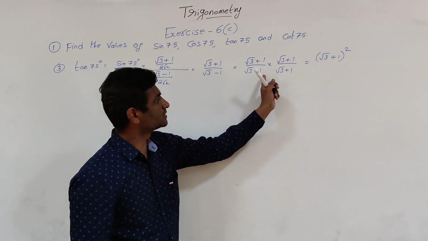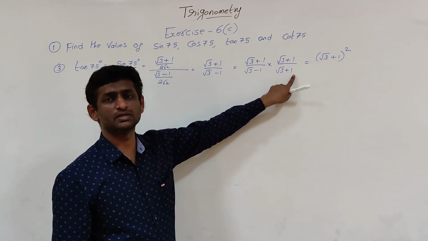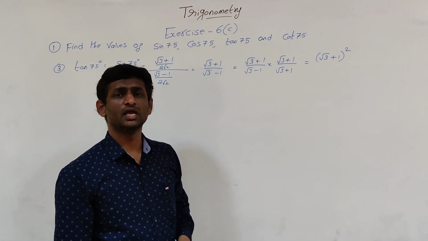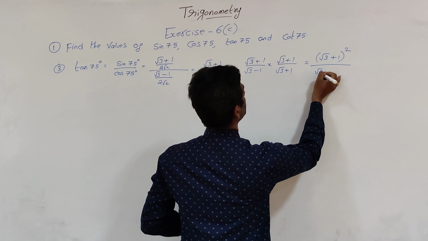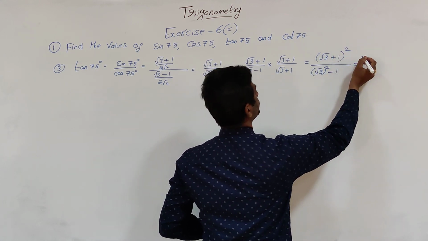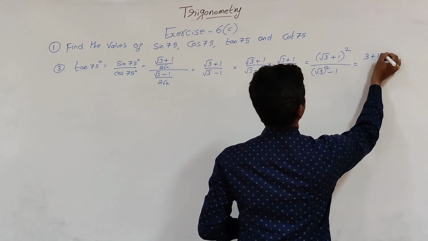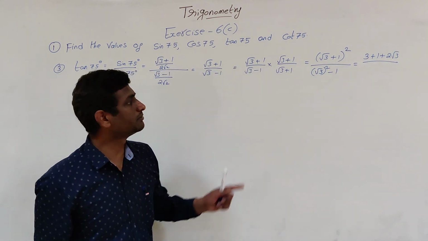If you see the denominator, it is in the form of a minus b into a plus b, which is a square minus b square, that is root 3 whole square minus 1. Now if we expand a plus b whole square, 3 plus 1 plus 2 root 3, by root 3 whole square, which is 3, minus 1.